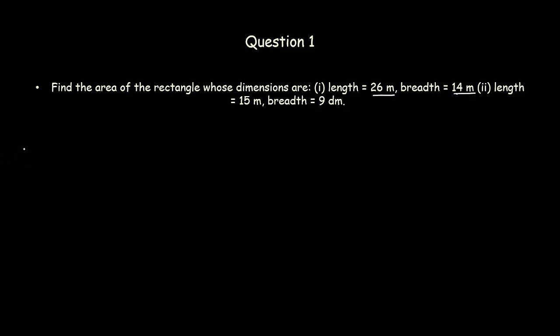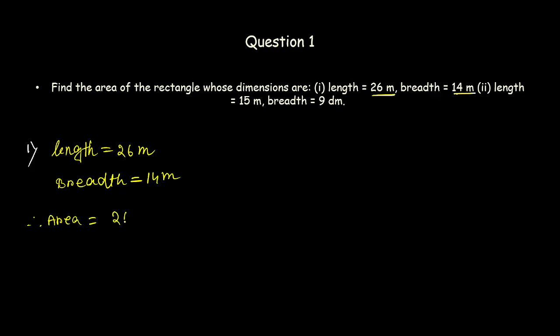So the first question, number 1, what does the first question say? Find the area whose length is 26 meter and breadth is 14 meter. So write it down. Length 26 meter, breadth 14 meter. So therefore area is 26 into 14, and meter into meter, that is meter square.